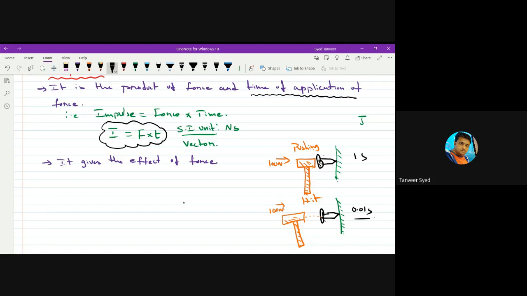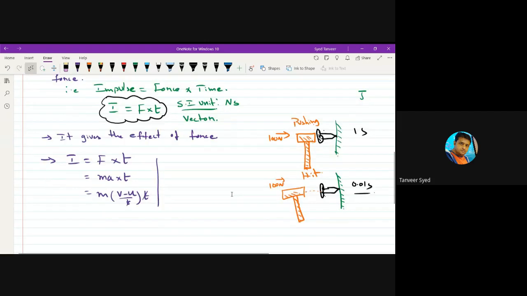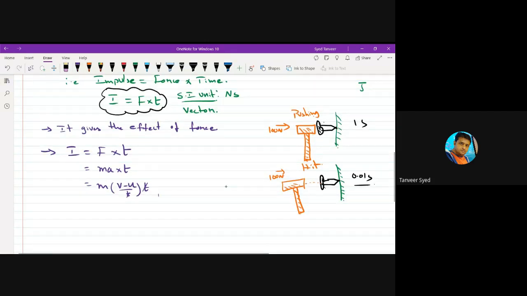Now impulse can be written in one more way. Impulse is force into time. We know force is ma, into time. And we know acceleration is (v minus u) by t, so the t cancels. That means m into (v minus u), that means mv minus mu. mv is momentum.